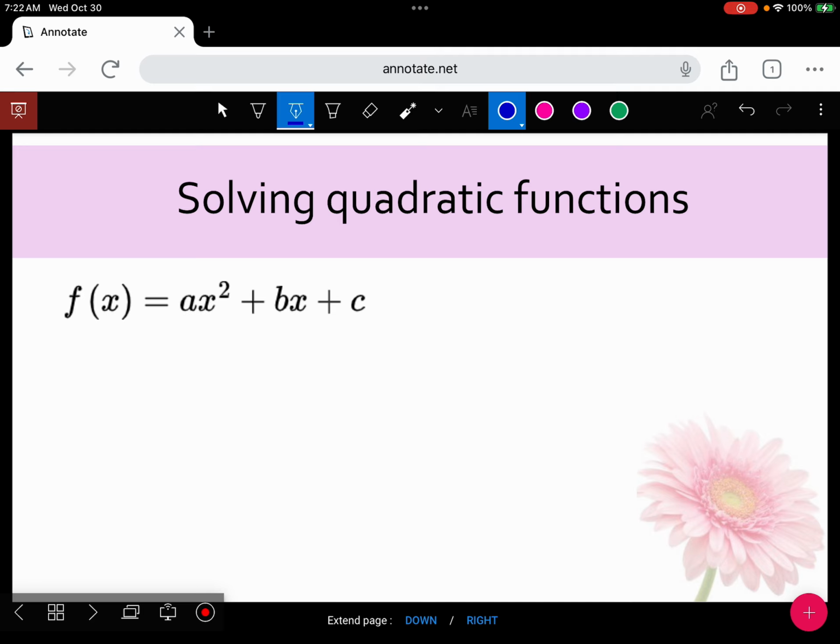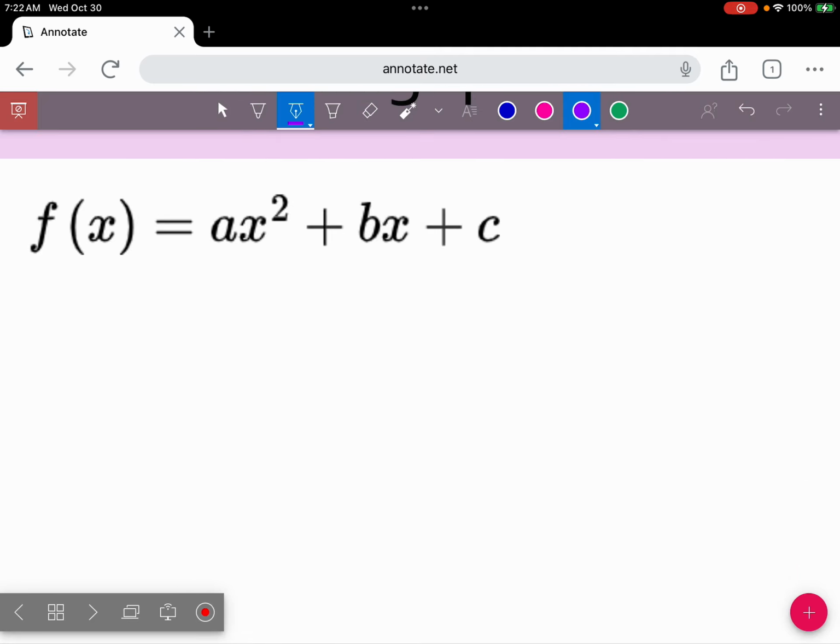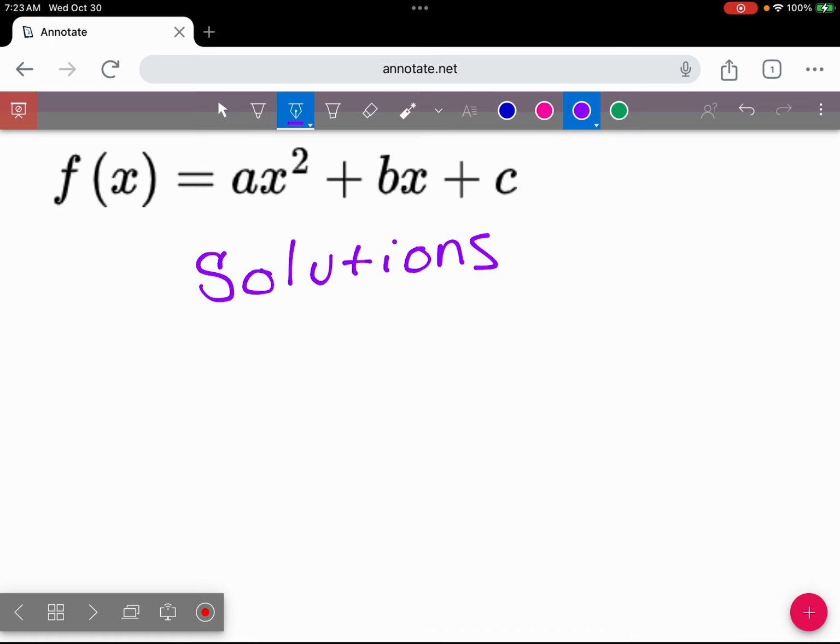So we're going to find solutions. That's the first one. A lot of times the instructions will just say solve. So the first thing we can call them is solutions. We will also call them roots, which comes from the basis that it's got powers, and to undo a power we use square roots.